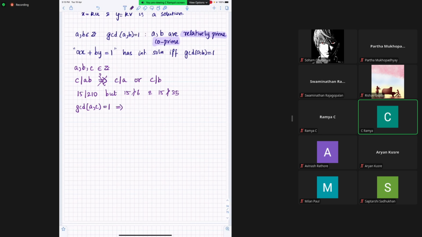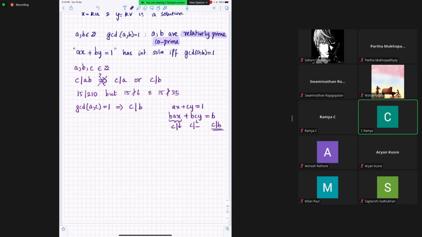The immediate conclusion is that C divides B. Because from Bezout's theorem, we know that you can write ax plus cy equal to 1, and you can multiply both sides by b. So bax plus bcy is equal to b. And c divides ab, so c divides this term, and c also divides this term. So c has to divide b.